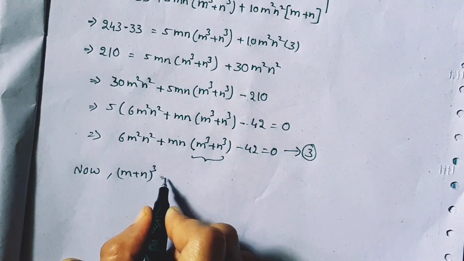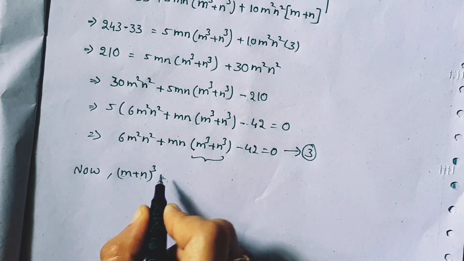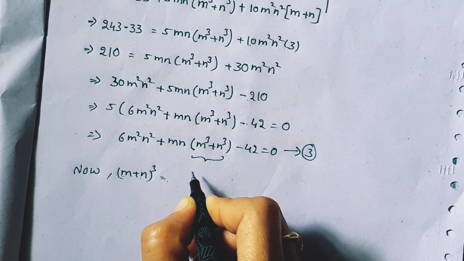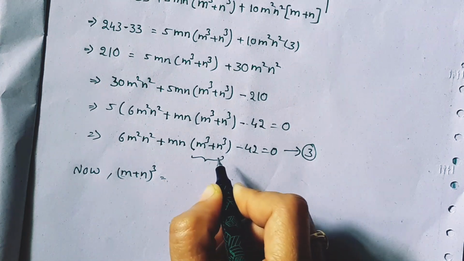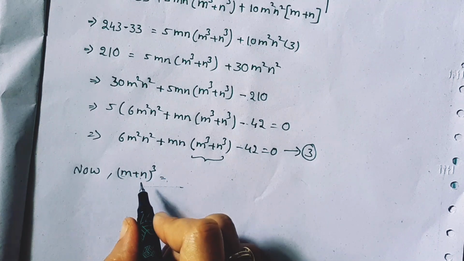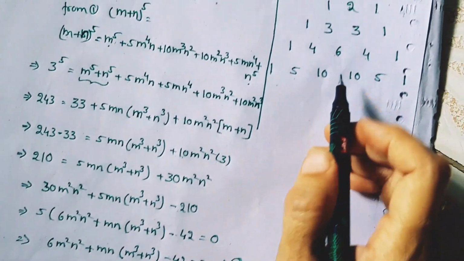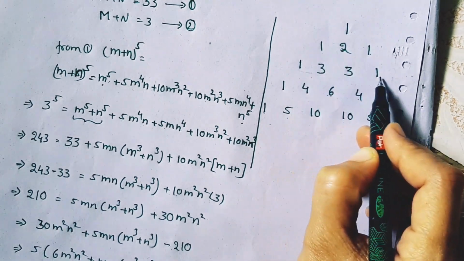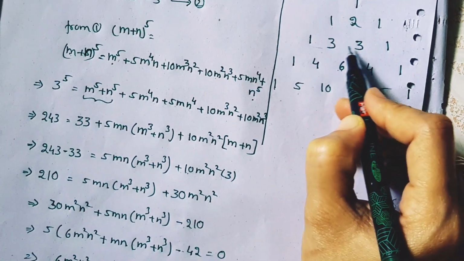Okay, so what is the expansion of m plus n whole cube? We know the formula, m cube plus 3m square n plus 3m n square plus n cube. So we know the formula, but we just go with the Pascal's triangle again. So 1 2 3. According to this we need to write the formula here.